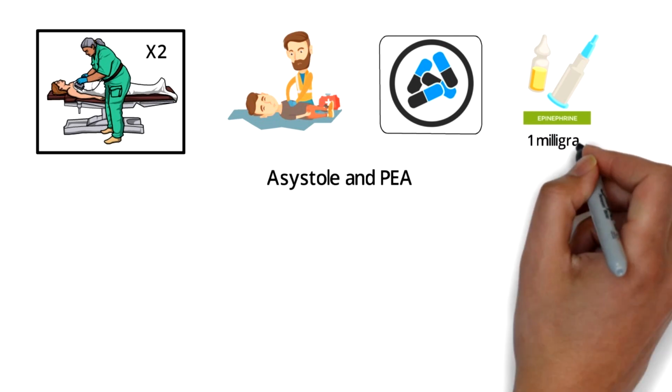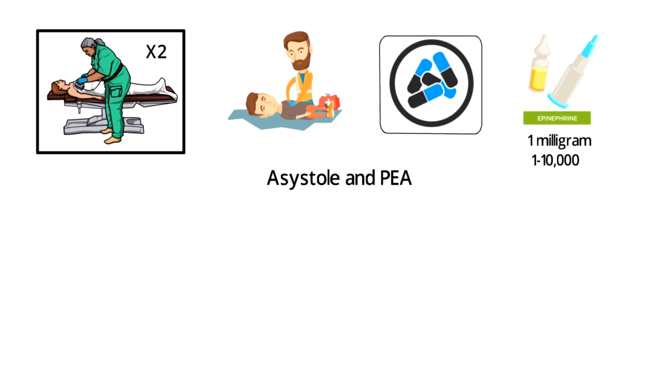Epinephrine, 1 milligram, 1 to 10,000. Throw that arm up in the air to circulate that epinephrine. The reason we give epinephrine is because epinephrine, again, has been proven to improve the patient's response to the shocks, all right? So we're not only trying to improve contractility, improve rate, but with these rhythms in particular, we're trying to improve the patient's responsiveness to the defibrillation that we're doing.